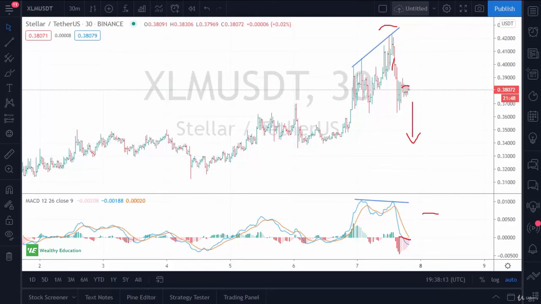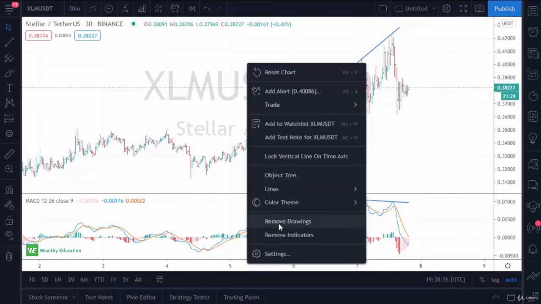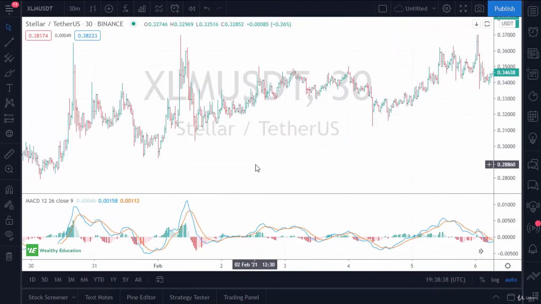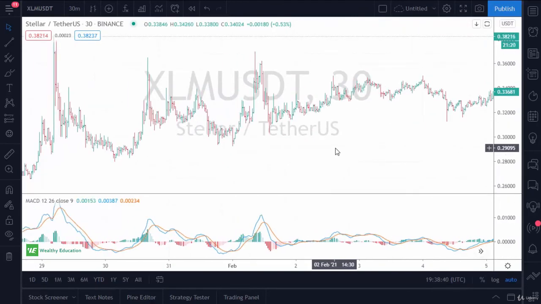Now, this is on the 30-minute chart, so you can only read so much into it because, again, you like the idea of higher time frames, not lower, for indicators as far as reliability. Notice resistance here, resistance here, resistance here, crossover here, bearish crossover. So certainly the MACD can be very useful.